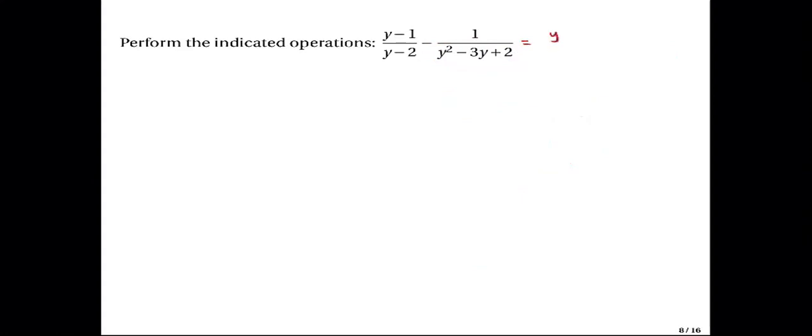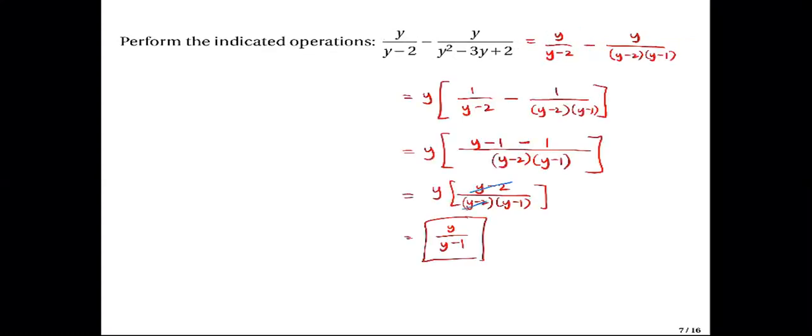For the first, we have y minus 1 over y minus 2. For the second, we have 1 over y squared minus 3y plus 2, it's the same as the other guy here.